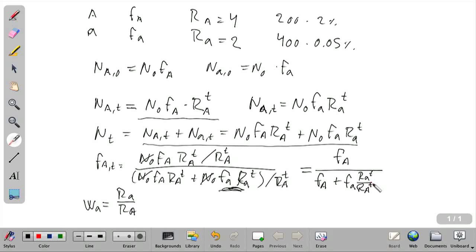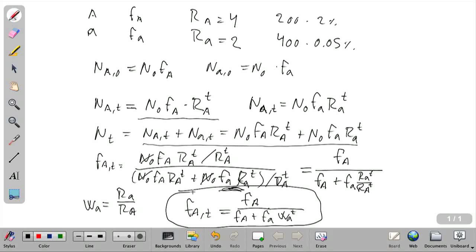This we can now insert into the expression, giving us finally a formula for how the frequency of uppercase A changes over time when two alleles have different fitnesses, meaning when there's natural selection. And it will look like this.